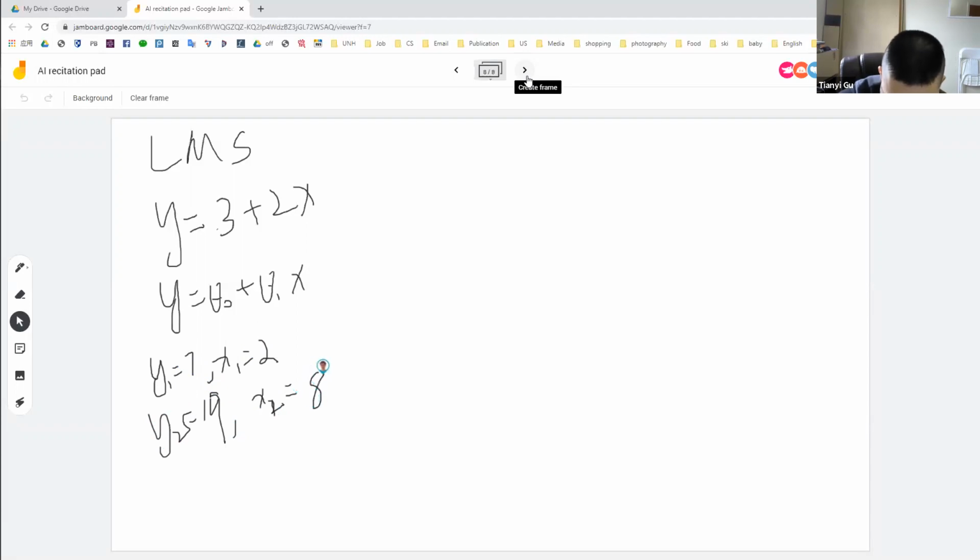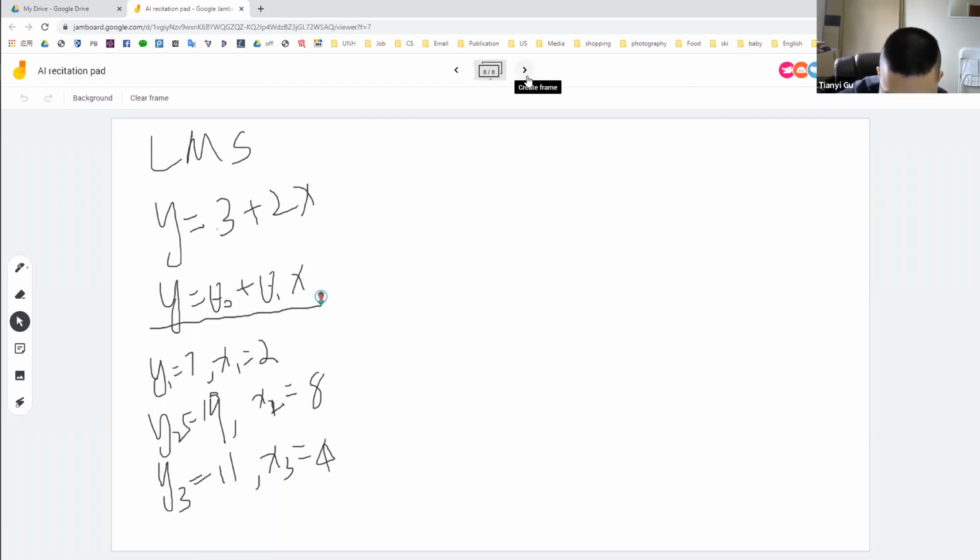Does that fit the model? 2 times 8 is 16 plus 3 is 19, yes, that's correct. And y3 equals 11, x3 equals 4. So we have 3 data points, and we want to learn this model.